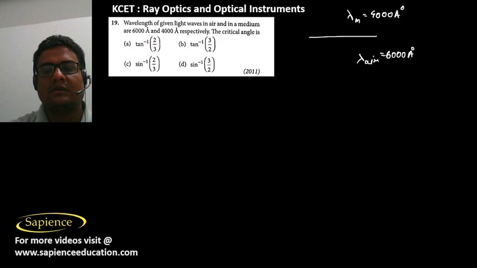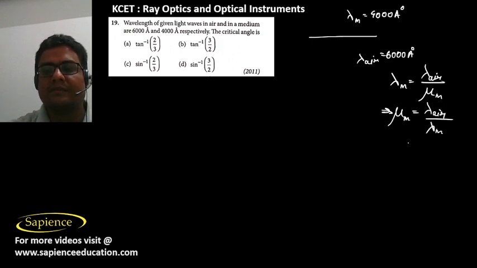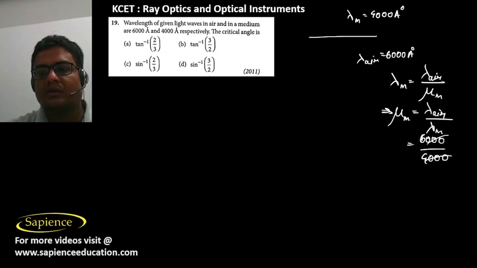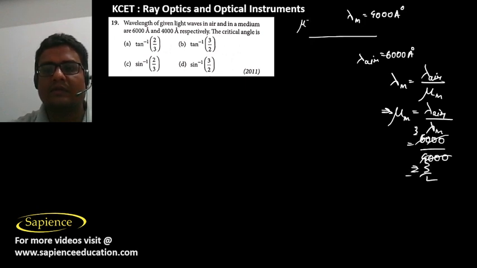The wavelength in the medium is the wavelength in air divided by the refractive index of that medium. Therefore, the refractive index of that medium is 6000 by 4000, which is 6 by 4, that is 3 by 2.